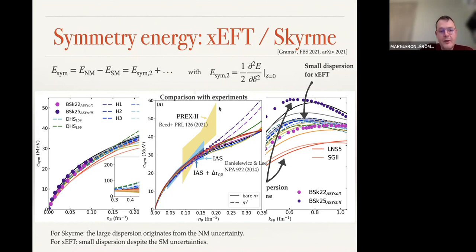Even the stiffest equation of state that we have considered, which is this DHS chiral EFT, is not as stiff as what PREX-2 is expected to have measured. So this is something interesting. I don't have much comment about it in the rest of the presentation, but it is interesting to know that there are some tensions with some observations, some measurements.